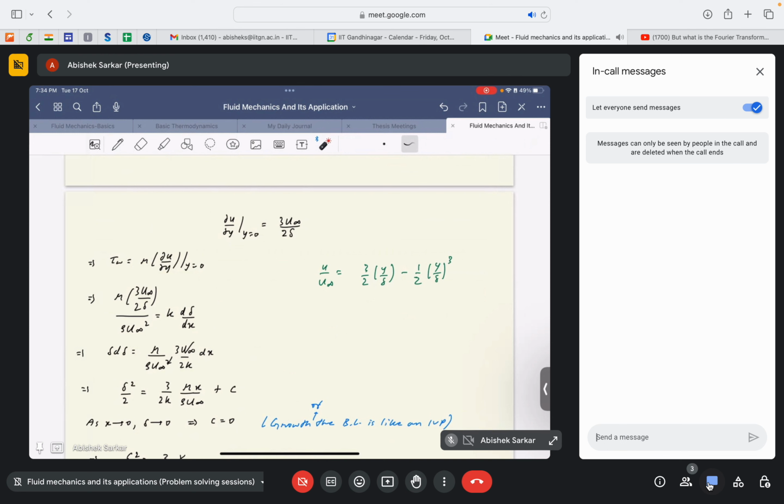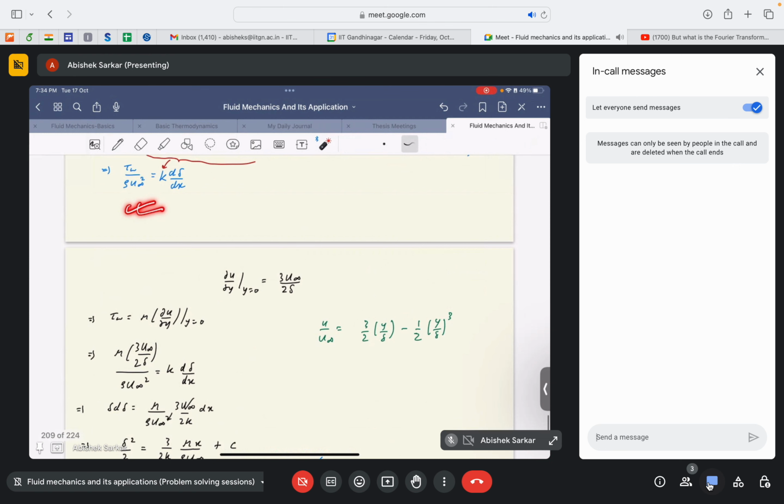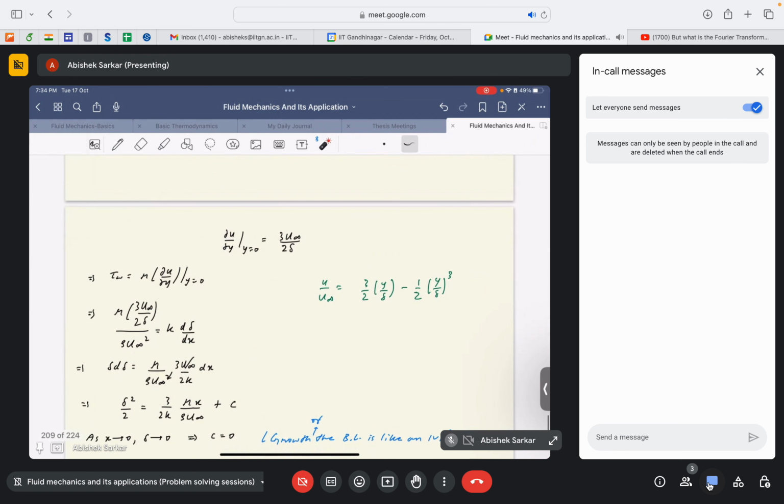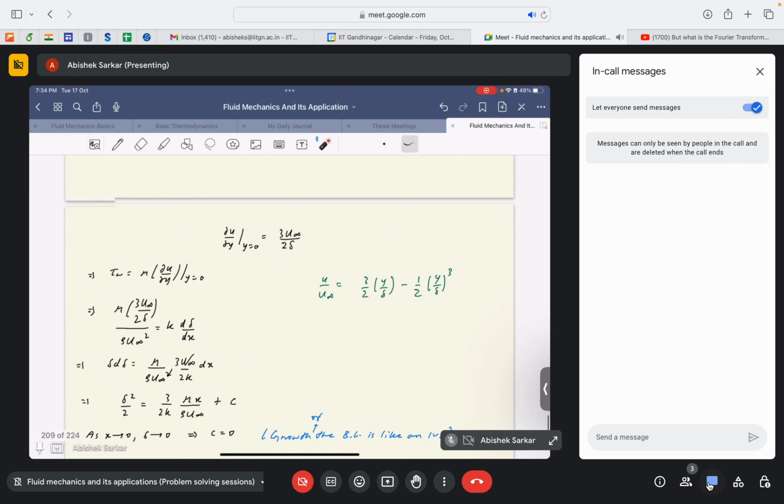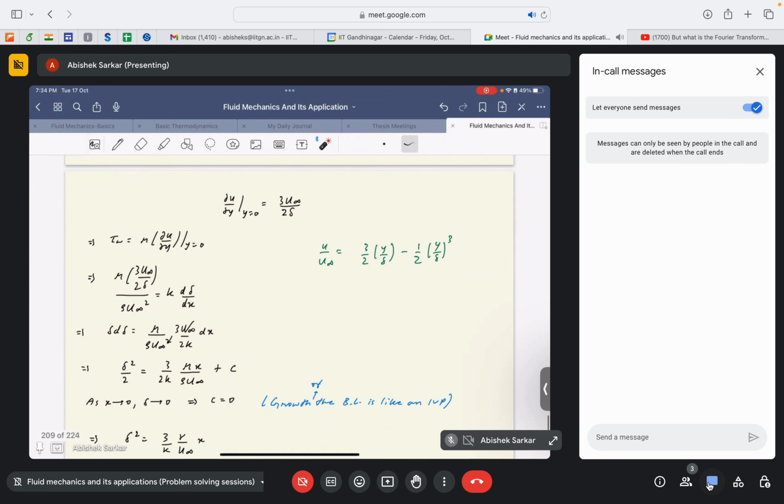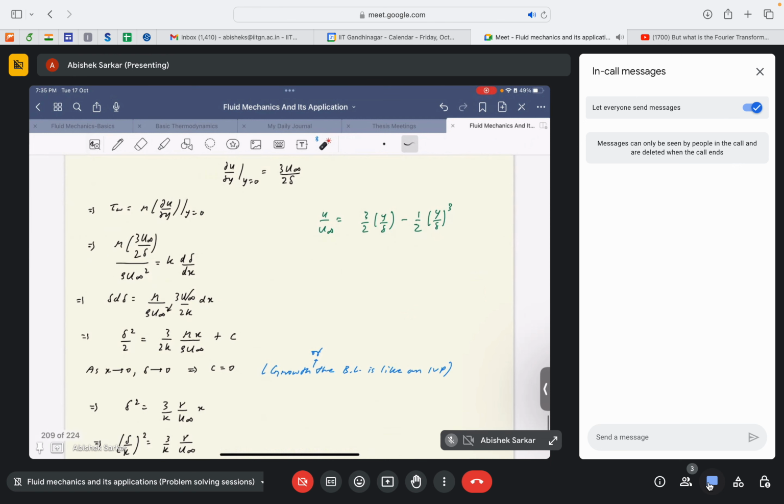Then you substitute this value in this expression to get mu into 3 u infinity by 2 delta divided by rho u infinity square is equal to k d delta by dx. So from that you will get an expression for delta in terms of the independent variables.